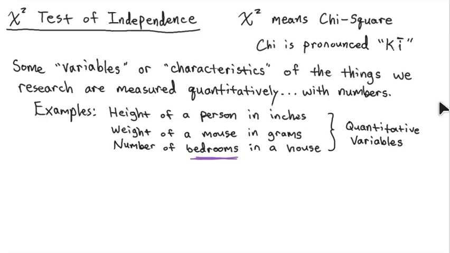Or the number of bedrooms in a house. With a height, we're maybe using a tape measure. With a mouse, we're probably putting it on a scale and measuring in grams. But for bedrooms in a house, we just count 1, 2, 3 bedrooms. Because they result in numbers, we call them quantitative variables.